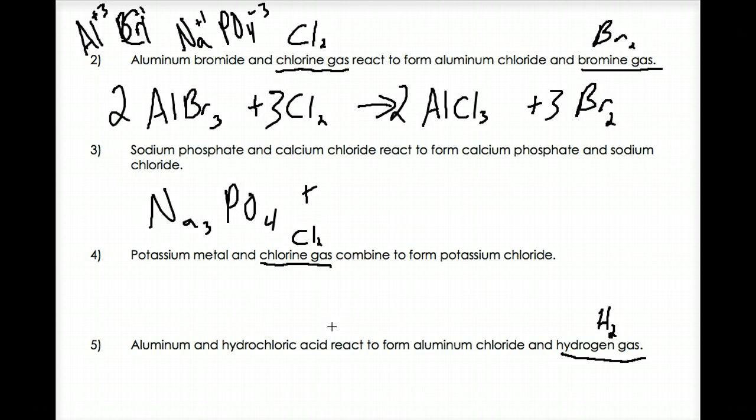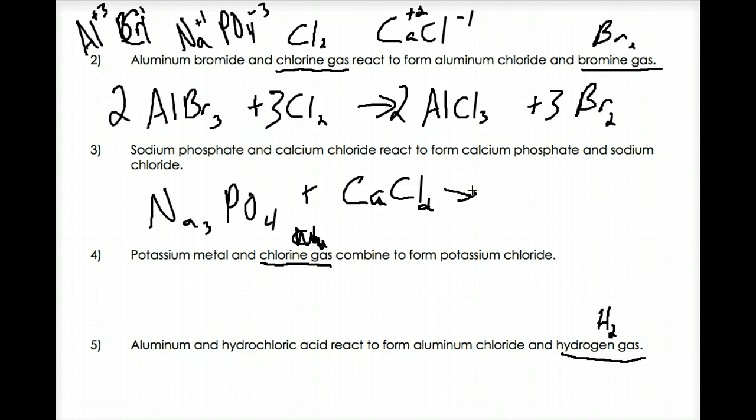Plus calcium chloride. Okay, I'm just going to get rid of this just so we don't get distracted. Calcium chloride. Okay, it's not just Ca and Cl. It's Ca plus 2, Cl minus 1. That's my scrap. So it is actually CaCl2.